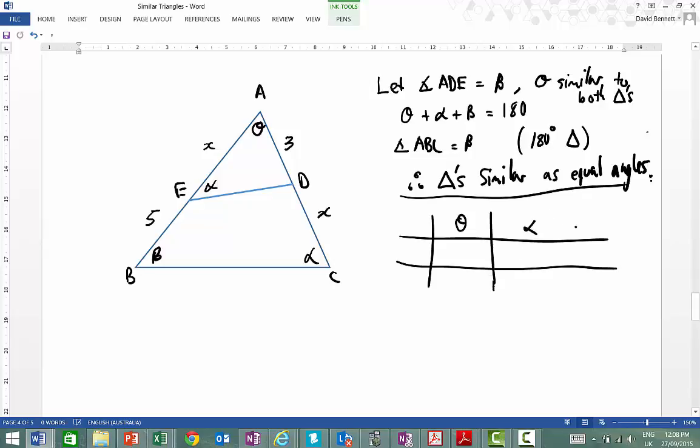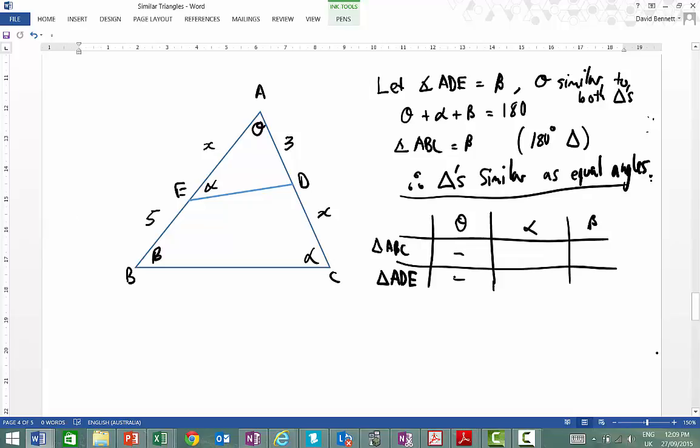So we'll do the table method, and we'll do the other method as well. So we've got triangle ABC, which is our big triangle. We've got our triangle ADE, which is our small triangle. So now we have to fill in the table. We don't have anything for angle alpha, theta I should say.